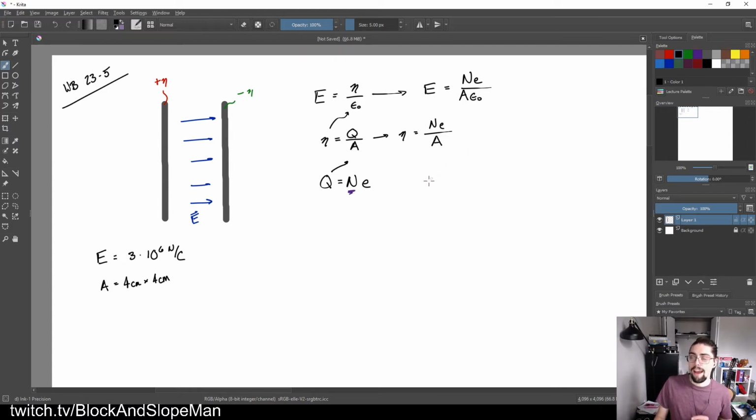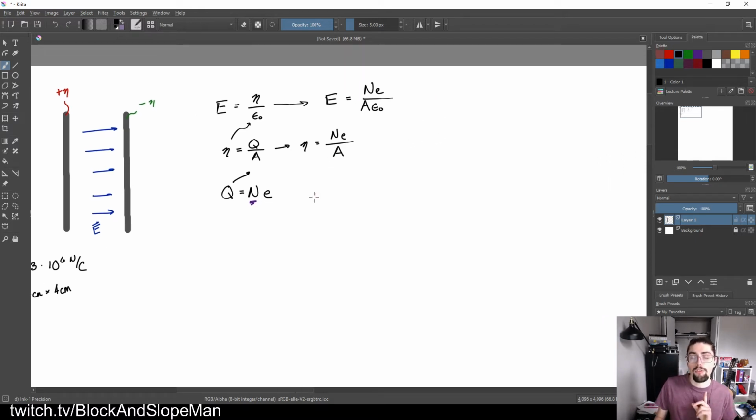So with that now, we can rearrange this. We're solving out for our value for capital N. We plug in all of these values together. And what we should find at the very end of this thing is 2.655 times 10 to the 11th electrons.